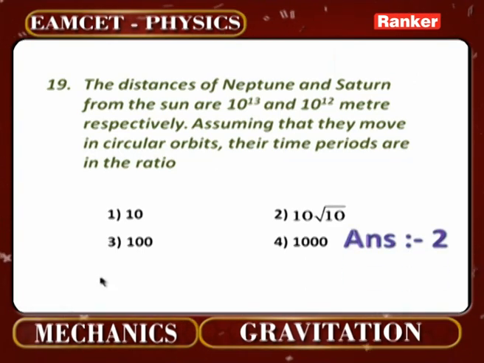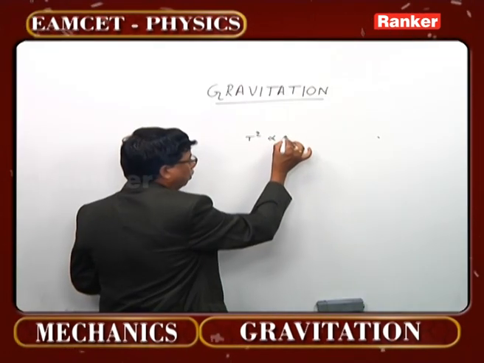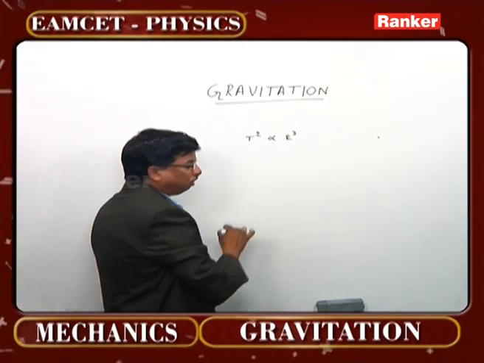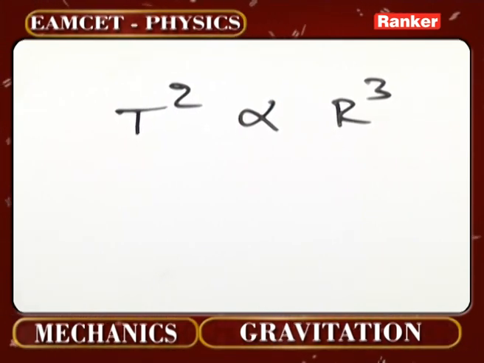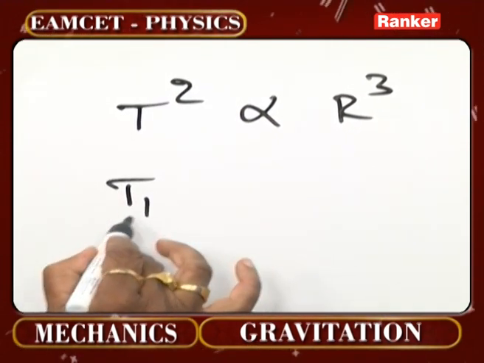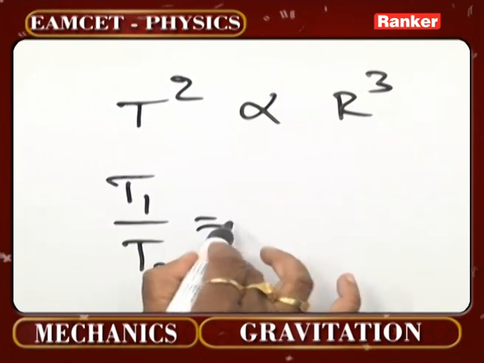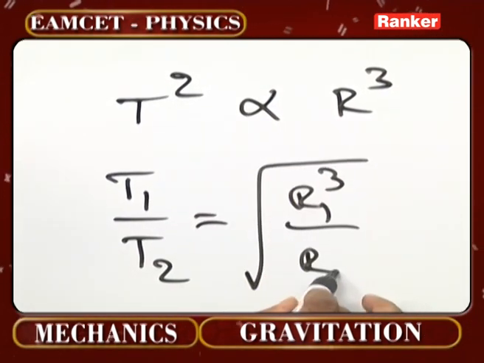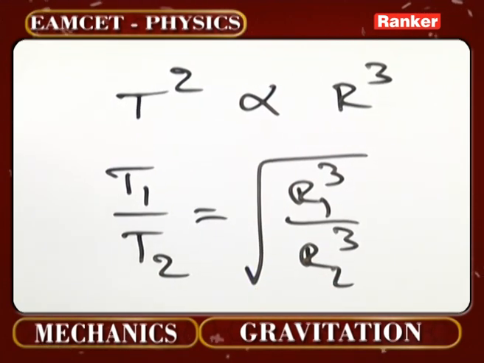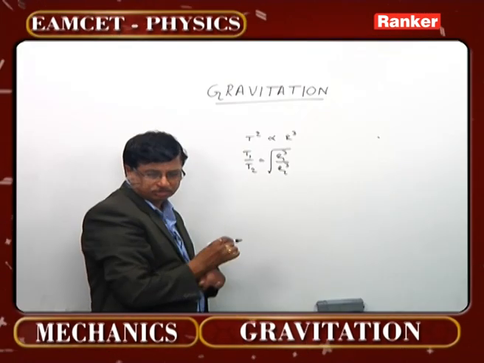According to the third law of Kepler, the square of the time period of a planet is directly proportional to the cube of the mean distance of that planet from the sun. T square is proportional to r cube is the corresponding formula for us. Now in this particular case you can write T1 by T2 equal to root of r1 cube by r2 cube. That is the corresponding formula for us.